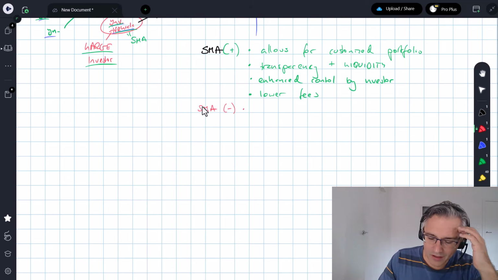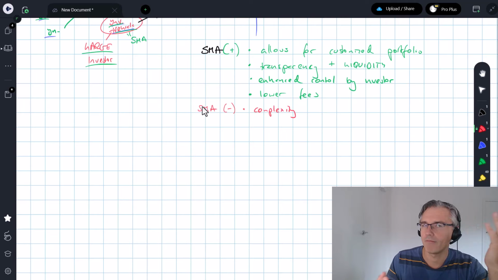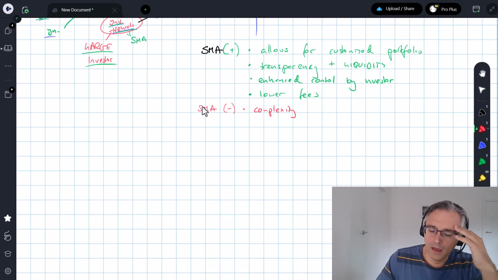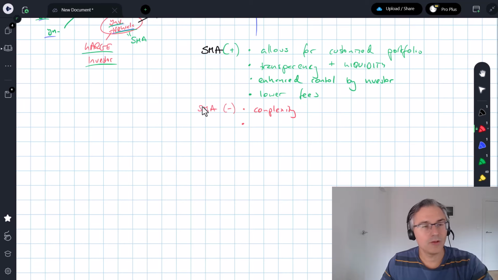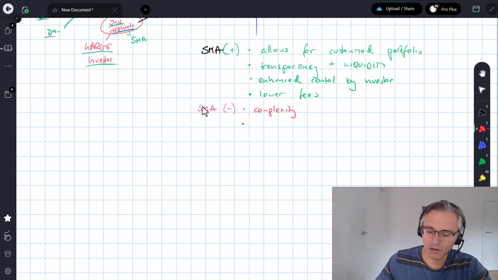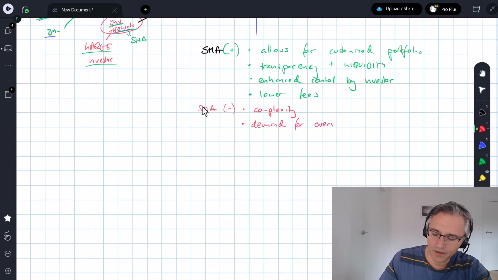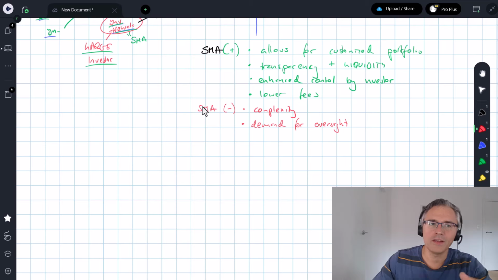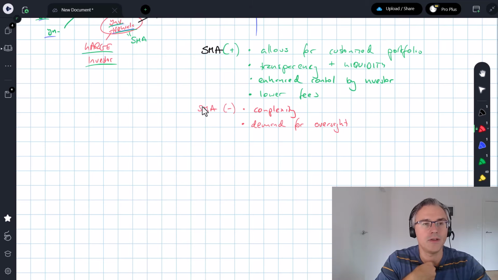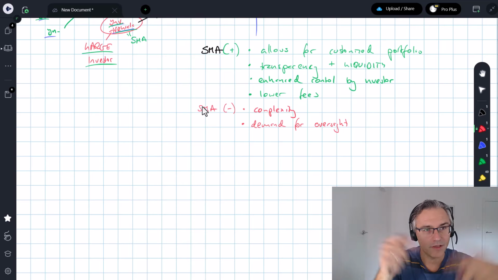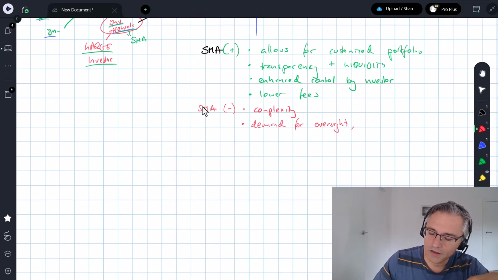So this potentially introduces quite a lot of complexity into the structure, because even though the investor can see what's going on in their overall account, there is quite a lot of demand for oversight of the manager: am I, the large investor, being treated fairly in comparison to the other investors who invested in the big fund? Oversight and governance considerations.